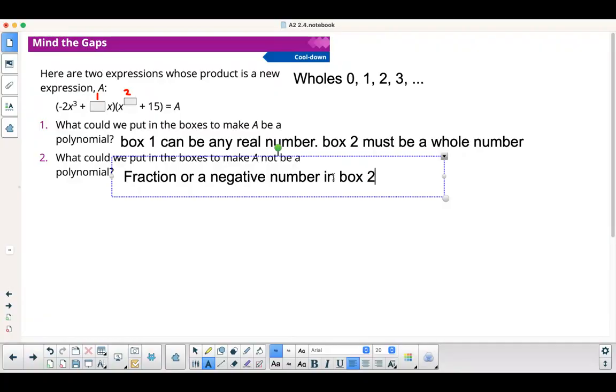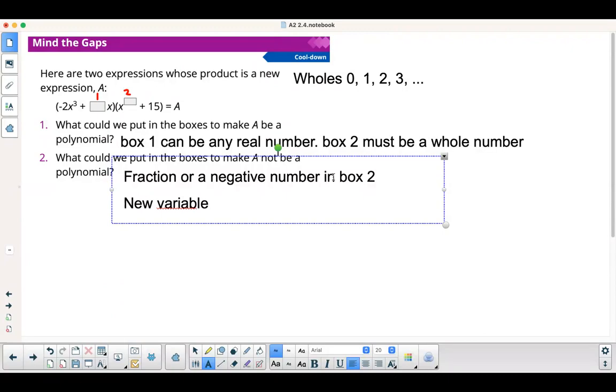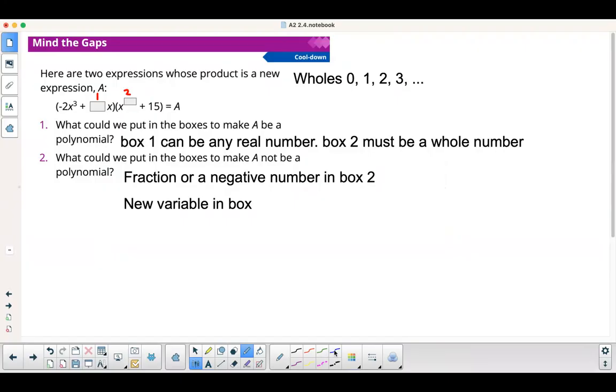I guess in box 1 you could put a new variable. If in box 1 I put negative 2x cubed plus y times x, that would not be a polynomial. If I put a negative number here, like a -1 or any negative there, that would also make that not a polynomial.